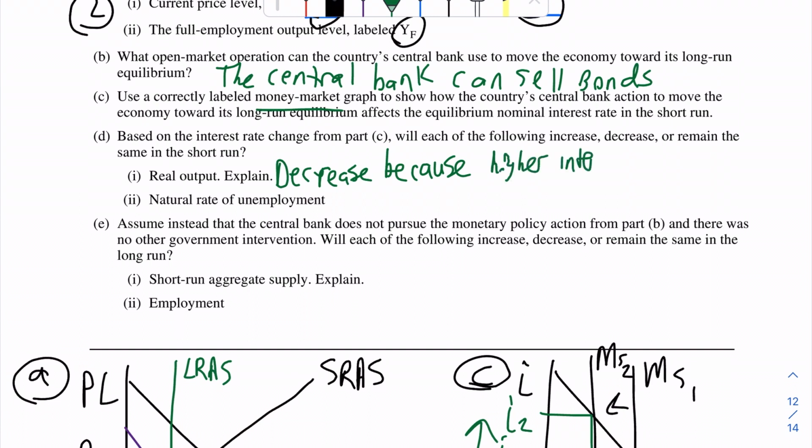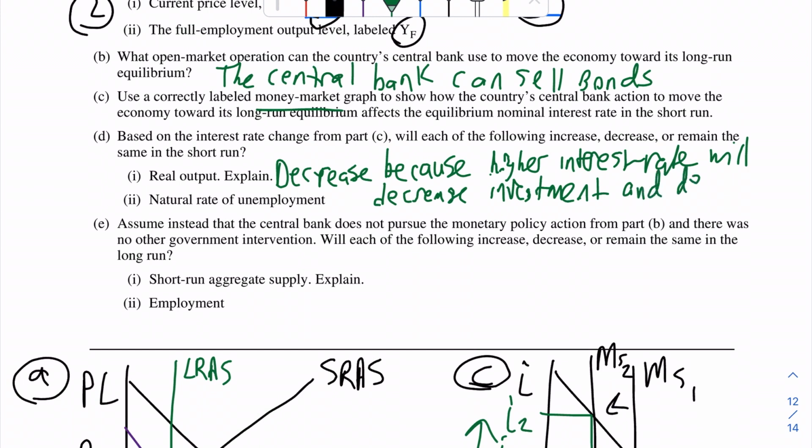A higher interest rate will decrease investment and decrease aggregate demand and real output.